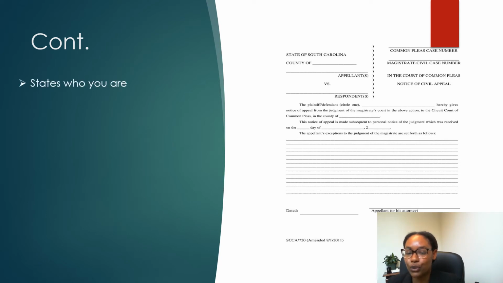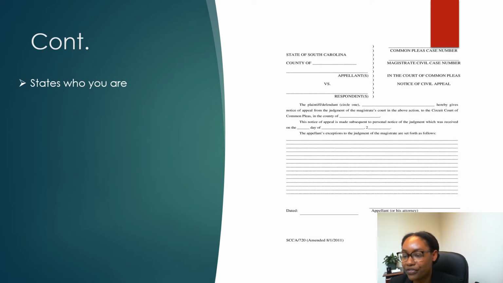And so on the notice of civil appeal, you will state who you are, or more like who you were identified as in the previous action. You would circle defendant. You were the one against whom the eviction action was brought.